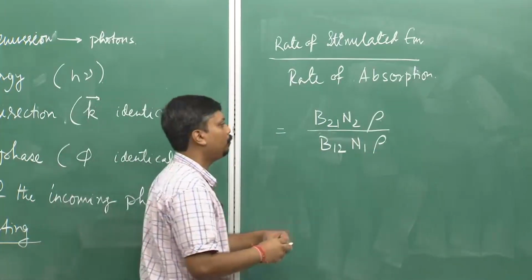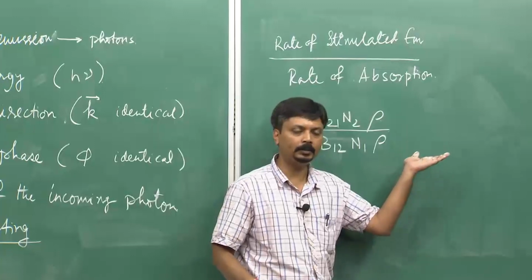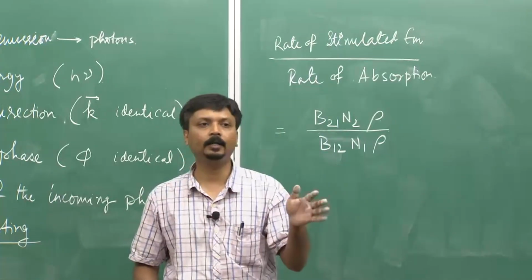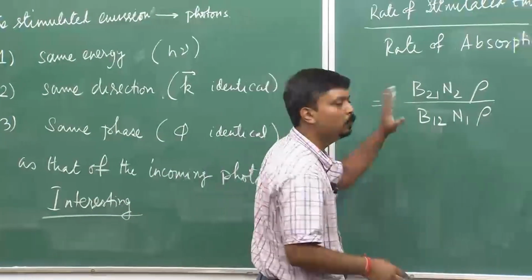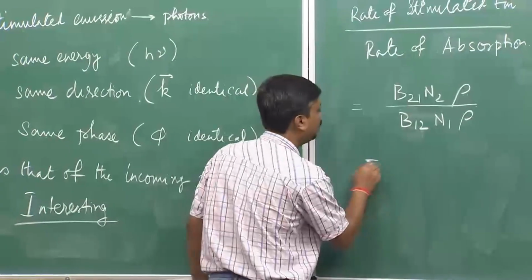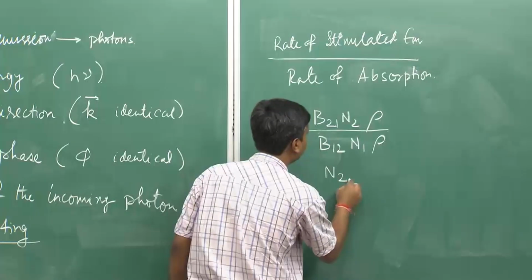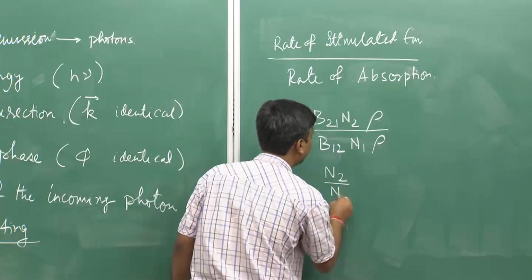So, from that expression 3 we have seen from Einstein's formulation that absorption and stimulated emission rates are equal. So, therefore, it becomes essentially N2 by N1.